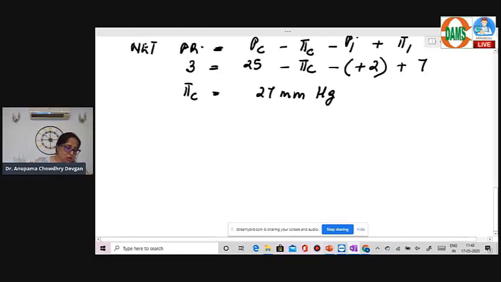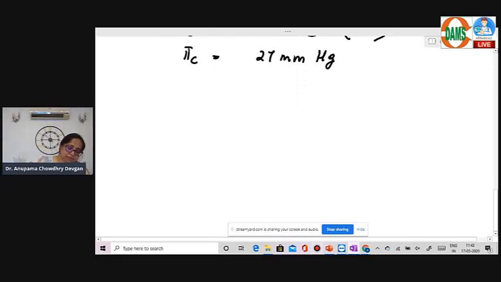Now, the rate of tissue fluid formation.